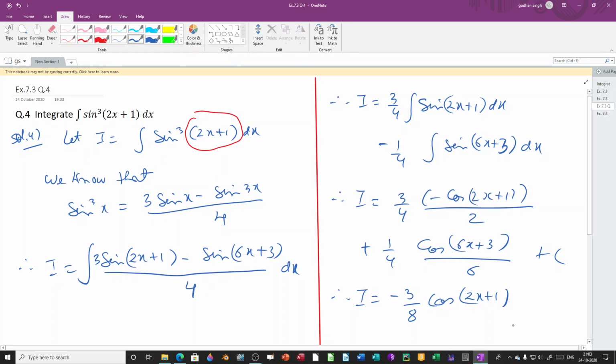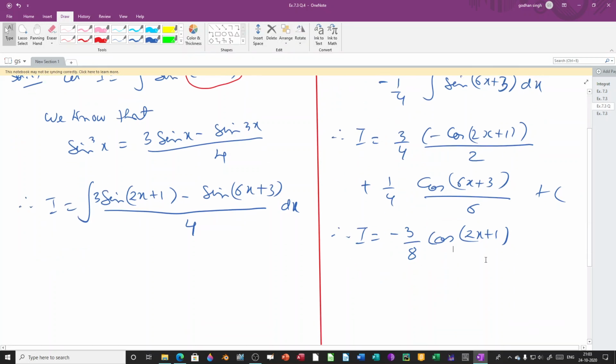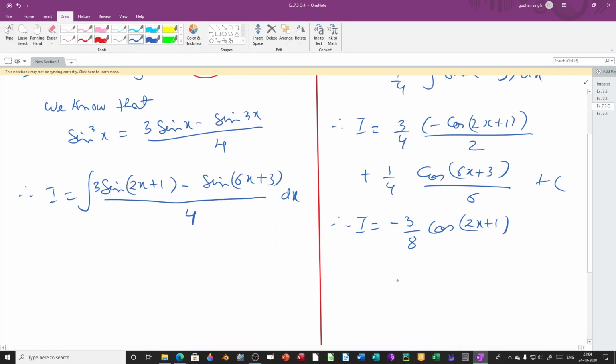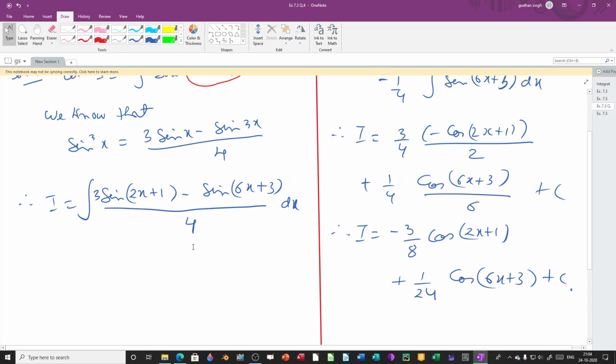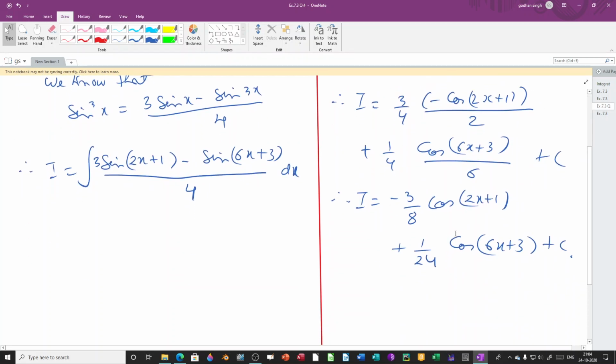And in the second part you will be getting plus 1 by 24, since 4 into 6 is 24, cos(6x plus 3), plus c. So this is the answer of our question number 4. With this, question number 4 is complete.